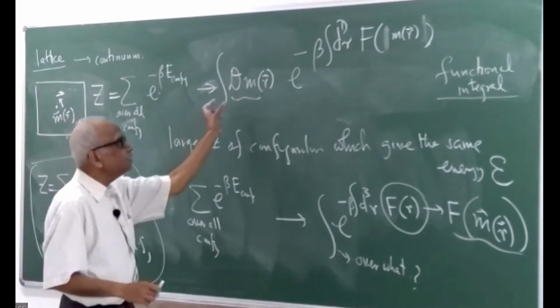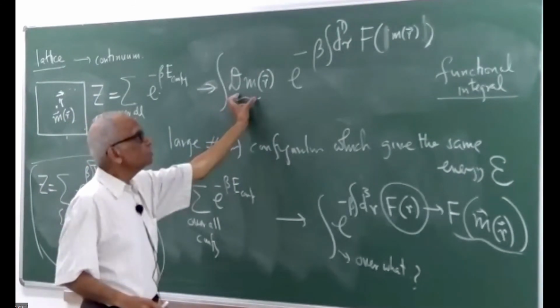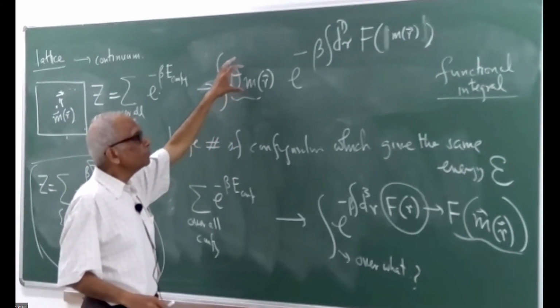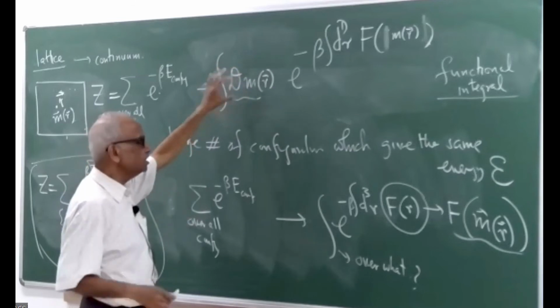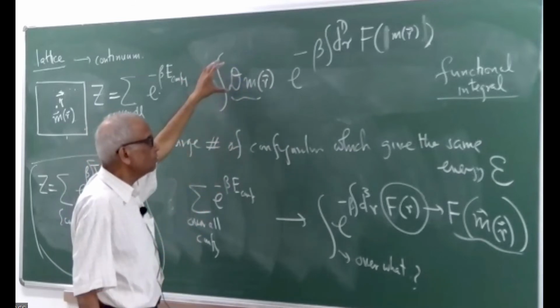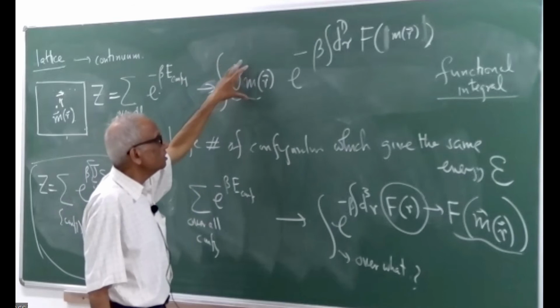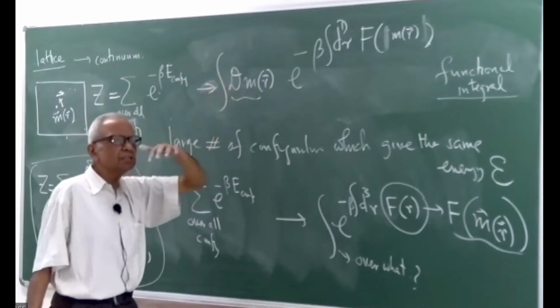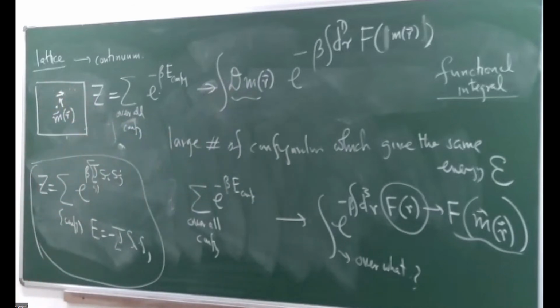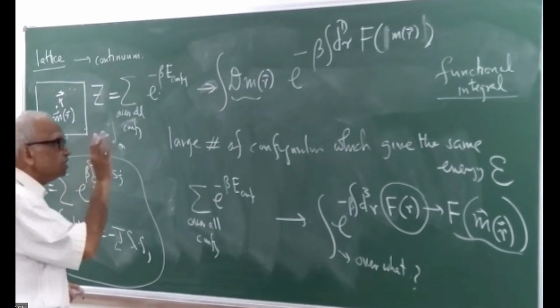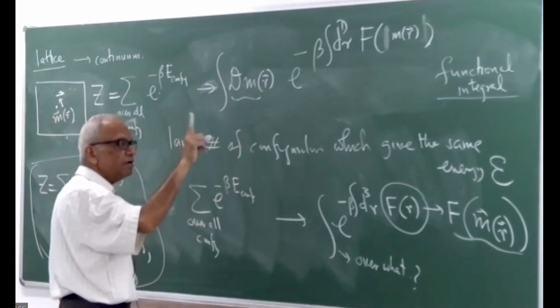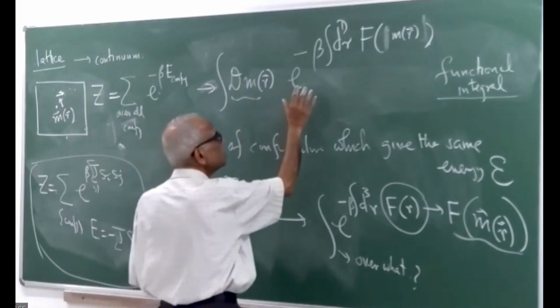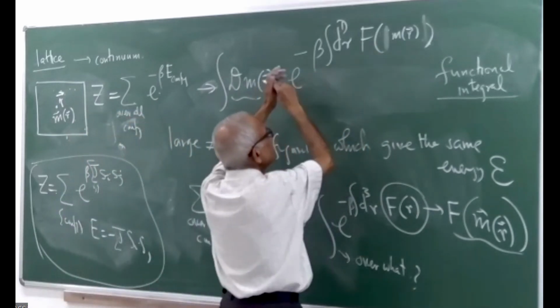That adding up is represented by this dm, which means an integration over all functions m of r. For every function m of r, there is a number for this quantity over here.